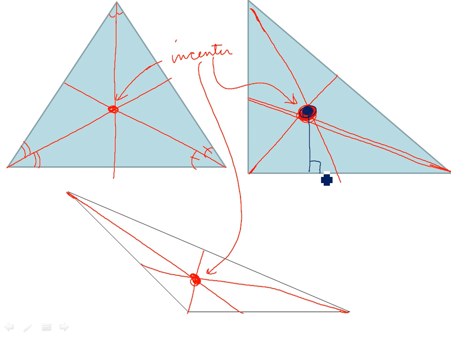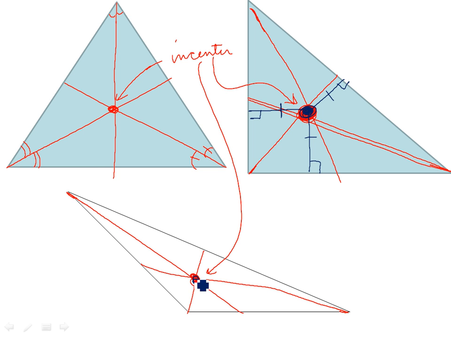So that distance right there has to be exactly the same as that distance, which has to be exactly the same as that distance. So those 3 distances are always going to be exactly the same.